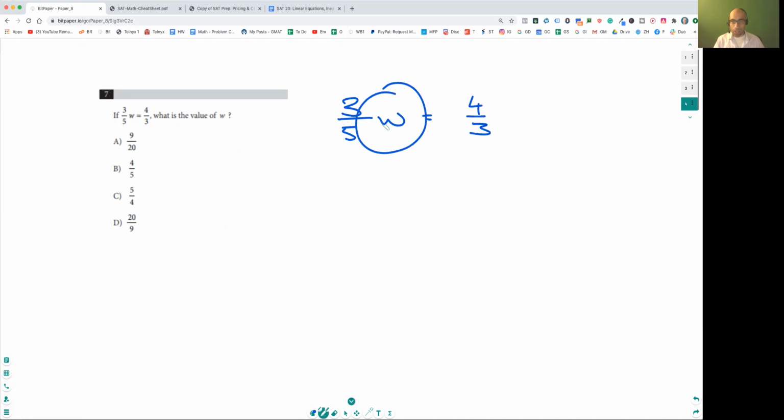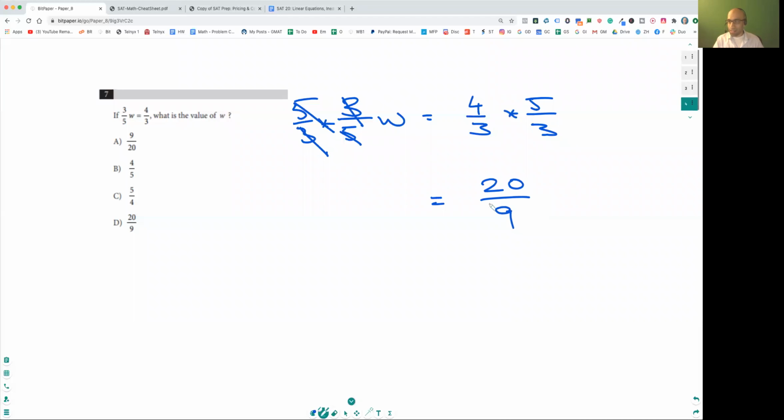Now, the whole idea is to isolate W. All you got to do is multiply by the reciprocal, 5 over 3, on both sides. So you cancel these, and you're left with 4 times 5 is 20, 3 times 3 is 9. Easy.